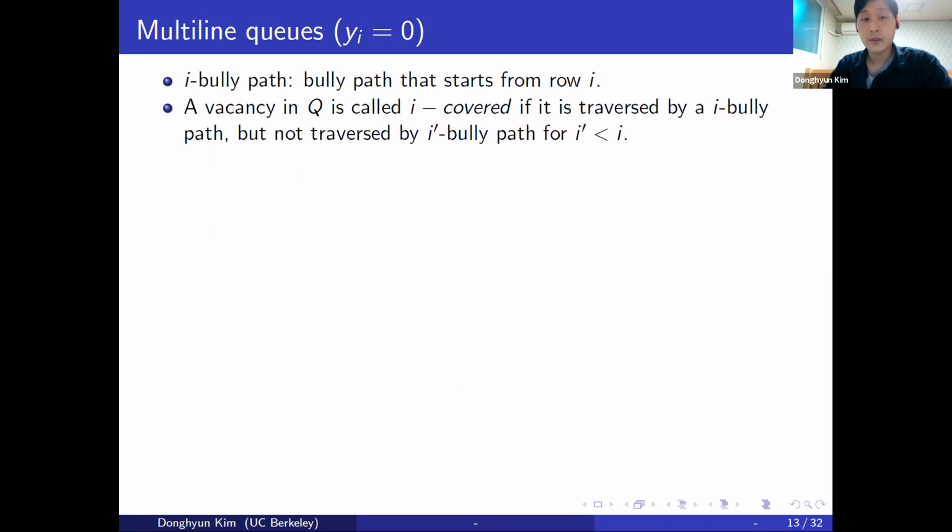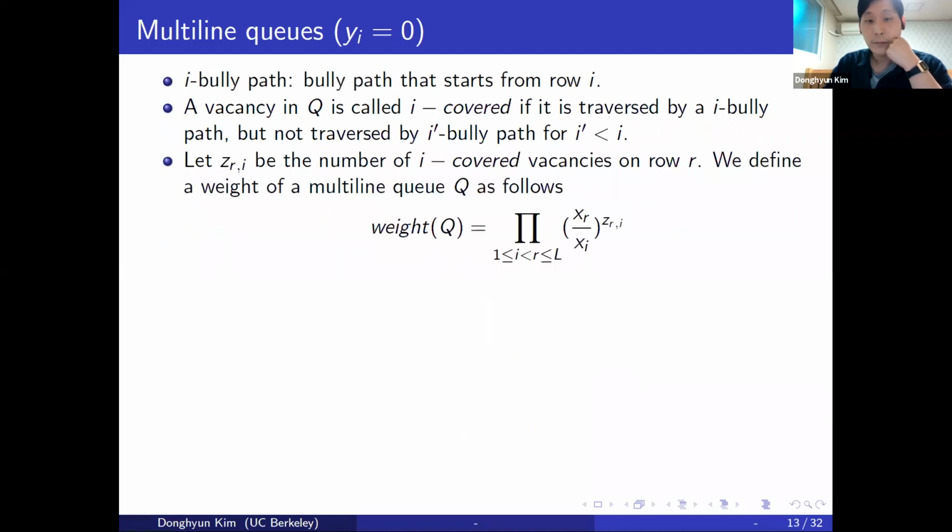And a vacant position in Q is called i covered if it is traversed by an i bully pass, but not traversed by an i prime bully pass for smaller i prime. And we define a weight of a multiline Q. So let z r comma i be the number of i covered vacancies on row r. And we define the weight of a multiline Q as follows.